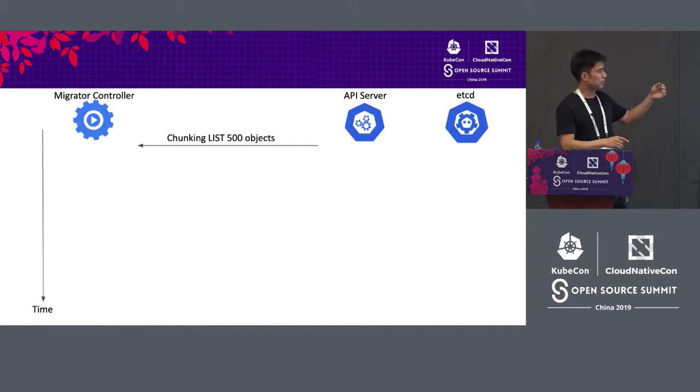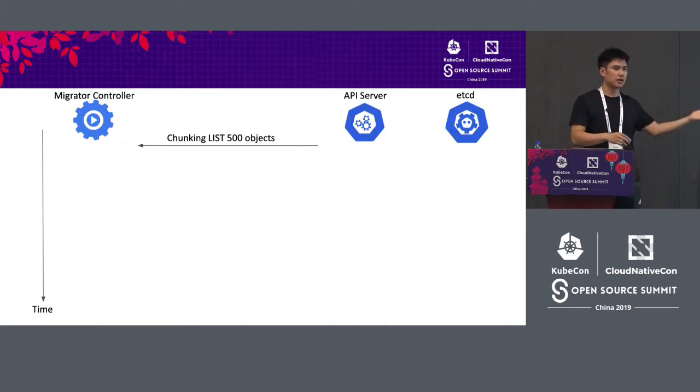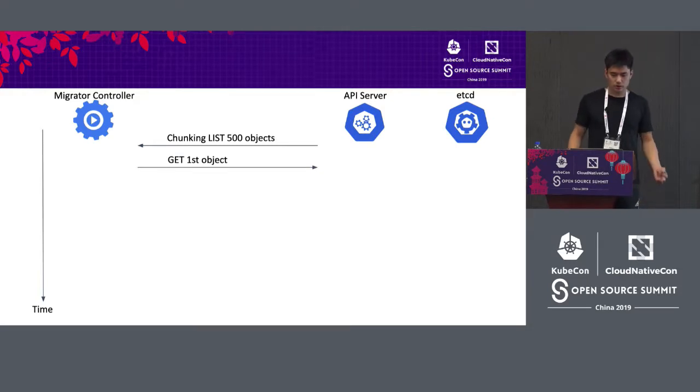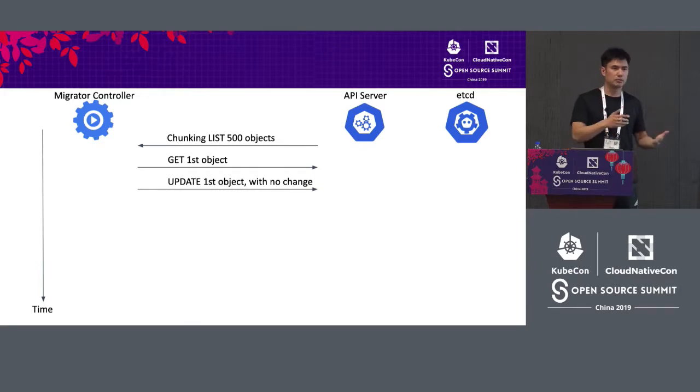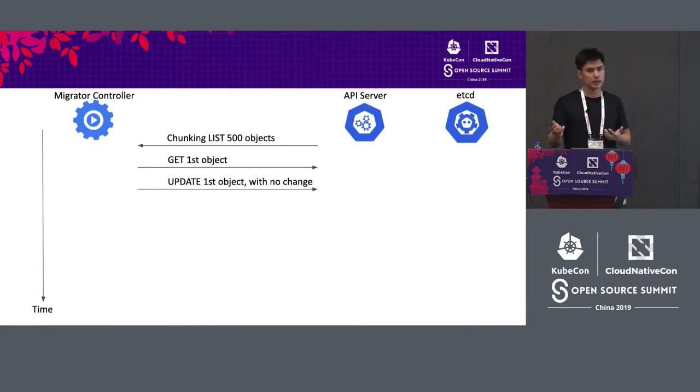In our example, it will list the first 500 jobs, and get the list of the names of the jobs. Then it will get the first job from the API server, and without making any change, without any conversion, it will just write the job back into the API server.